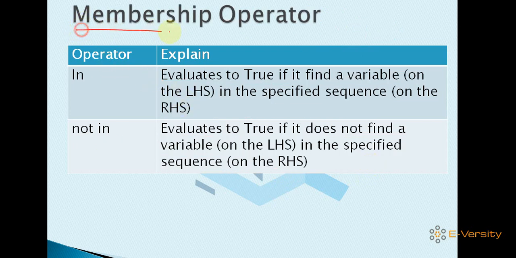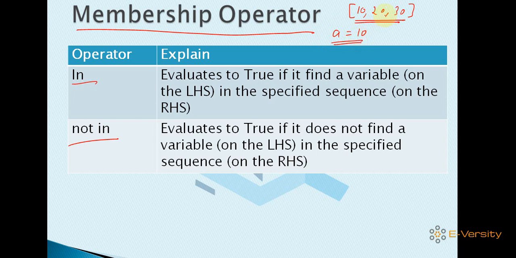Okay, next one is the membership operator. Membership operators are in and not in, just like the previous ones. Suppose we have a list 10, 20, 30, called L1, and a = 10. I just want to check whether 10 is in the list or not, so I can use the in operator: if a in L1. It checks whether a is in L1.